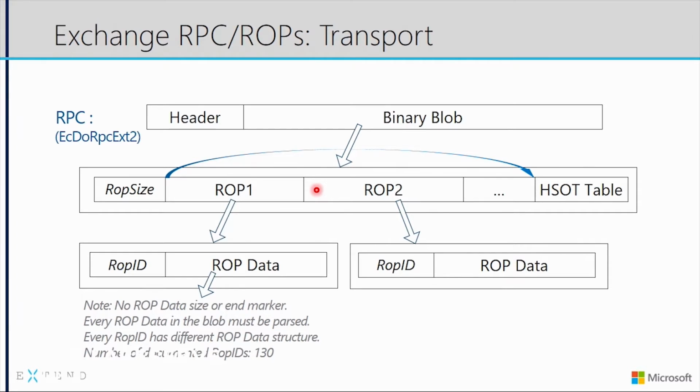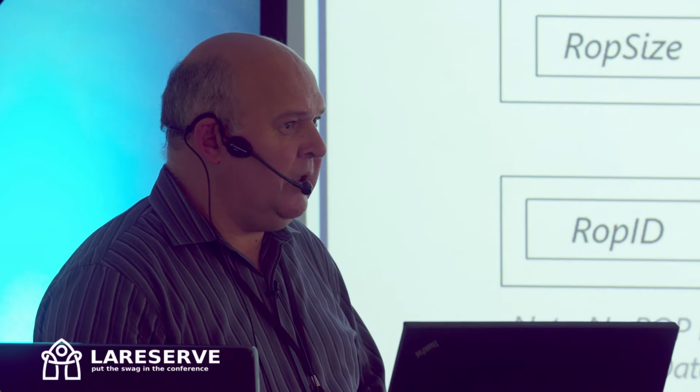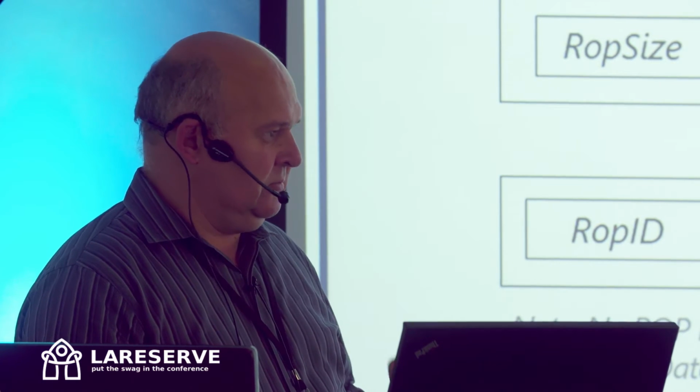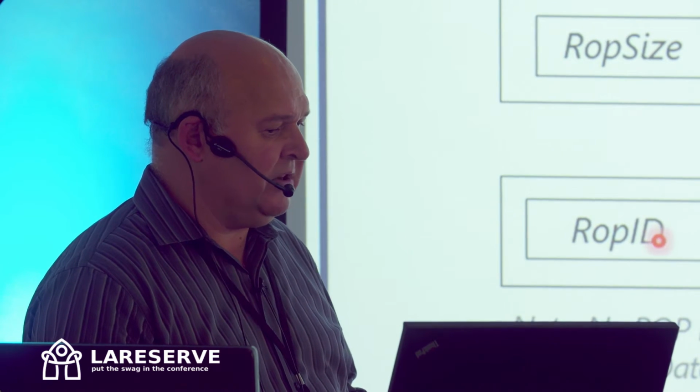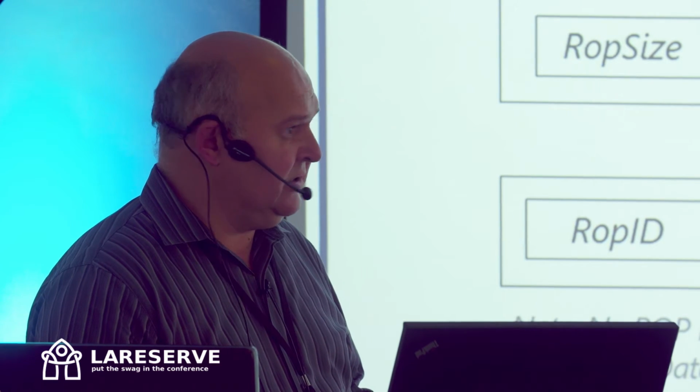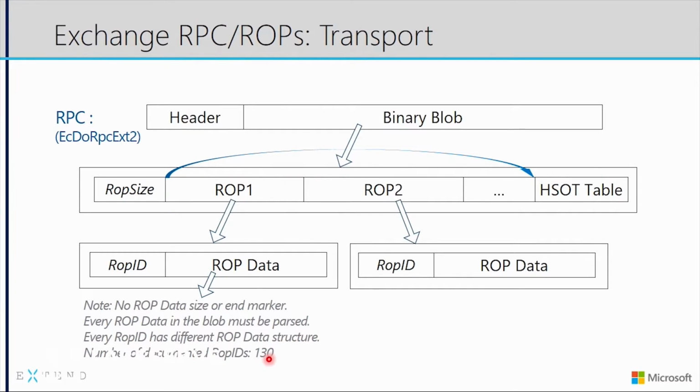What's difficult is that we have rope size pointing to the server object table, handle table, but the ropes themselves don't have end markers at all. It has rope ID and rope data, that's it. So the application working with this kind of protocol needs to be able to parse all ropes that it encounters. And today we have 130 ropes documented.